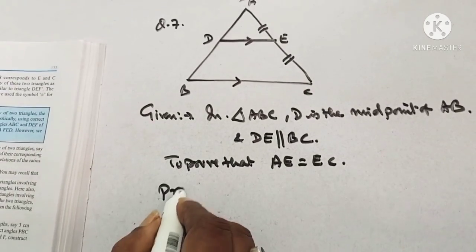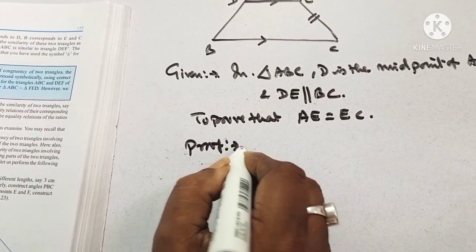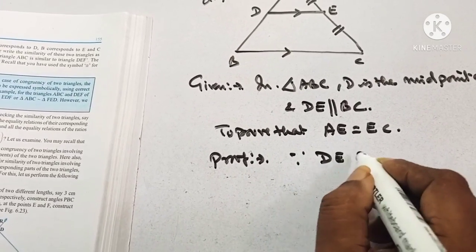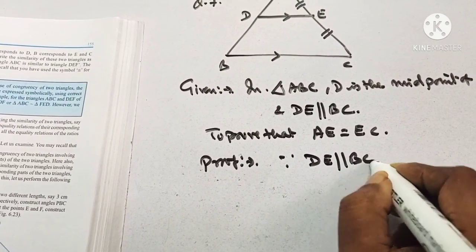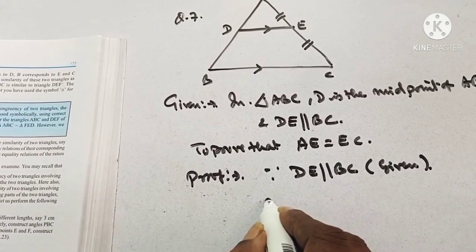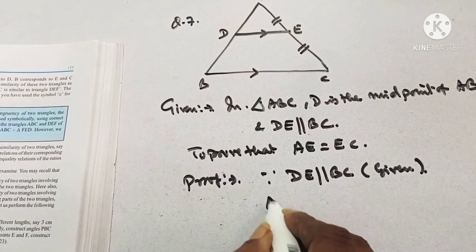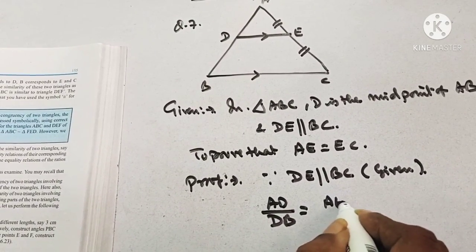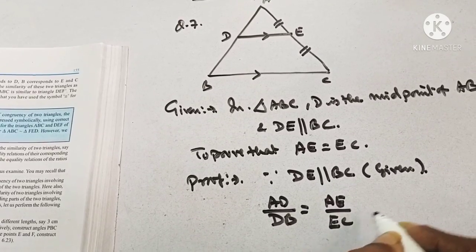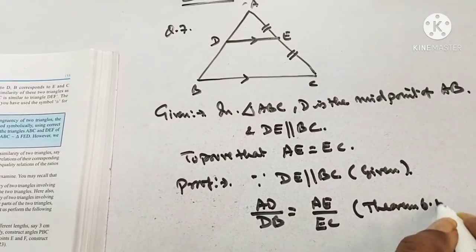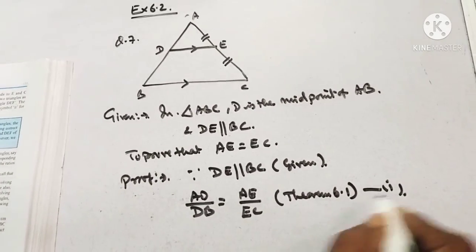So proof. Now, since DE is parallel to BC, this is given to you, from theorem 6.1, AD by DB is equal to AE by EC. This is equation number 1.